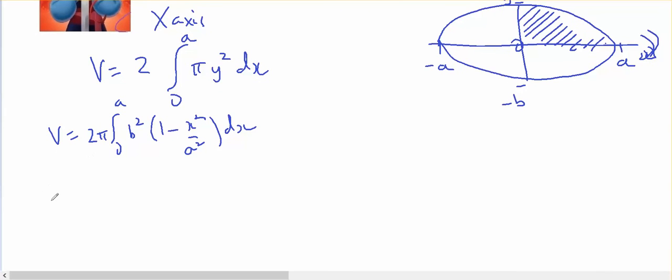And I can put a b squared out the front as well. So 2b squared pi, integral from 0 to a of 1 minus x squared on a squared dx.